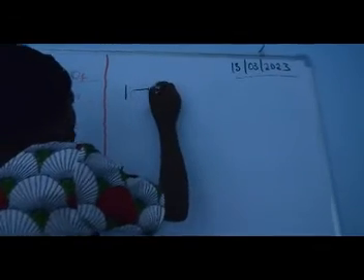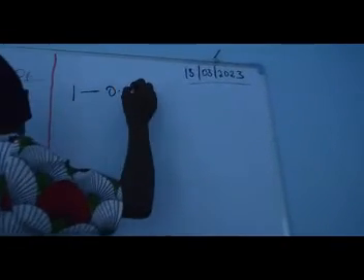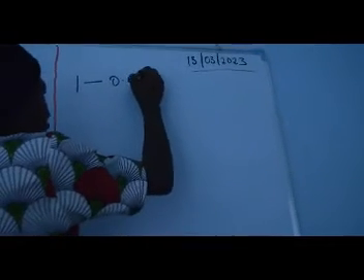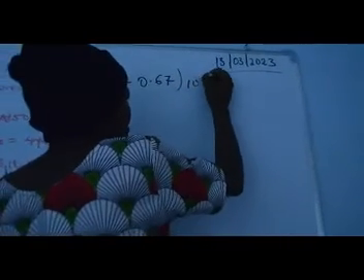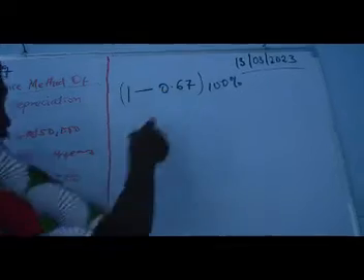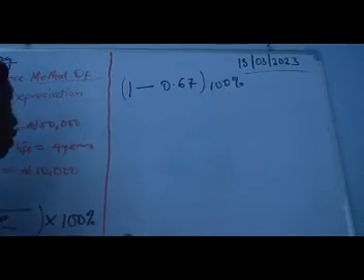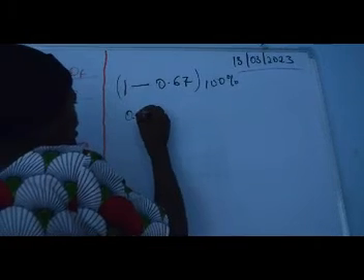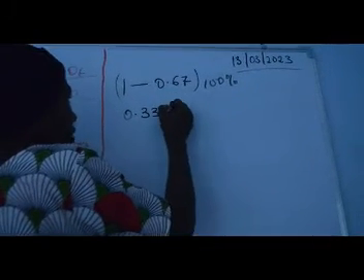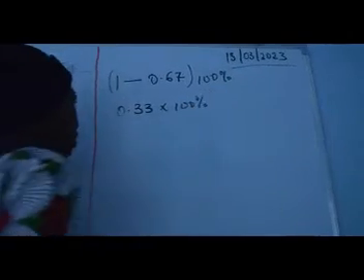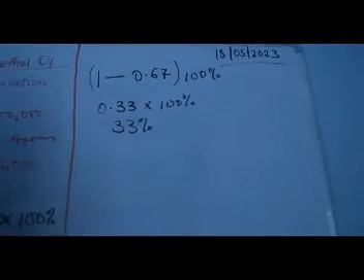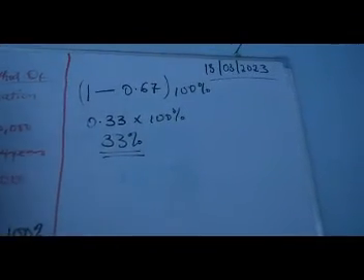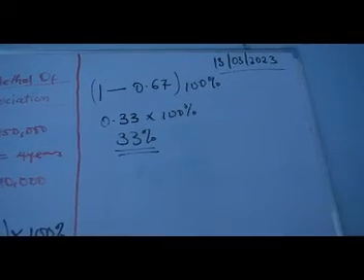I'll use that side of the board. So we are having 1 minus 0.67, approximately 67, times 100%. And 1 minus that will be giving us 0.33, times 100%. And when we multiply this, we'll be having 33%. So this is the percentage we'll be working with in calculating our depreciation for each year.